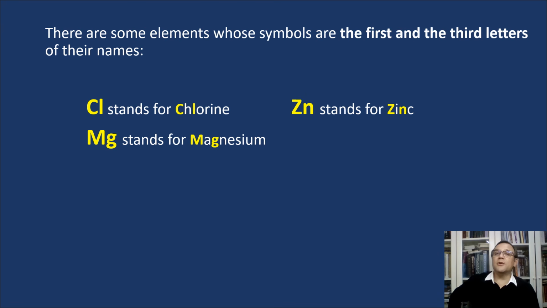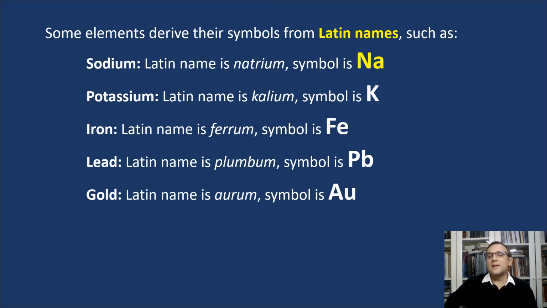There are some elements whose symbols are the first and the third letters of their name. These are chlorine, magnesium, and zinc. Some elements derive their symbols from Latin names, such as sodium. Latin name is natrium. Symbol is capital N, lowercase a. Potassium. Latin name is kalium.